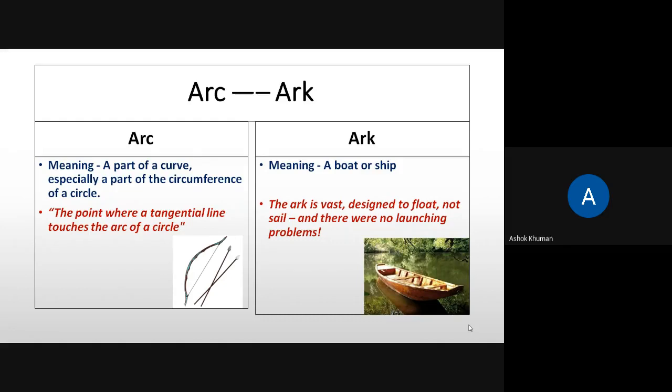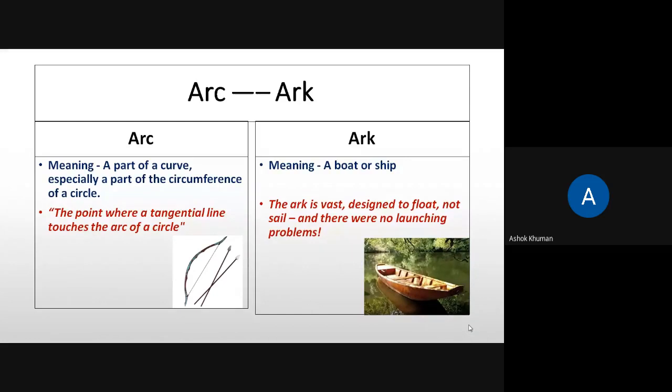You can see the picture of the ark. Floating means only on the surface you can float. You know, the leaves of trees usually float. You can have this arc and ark.